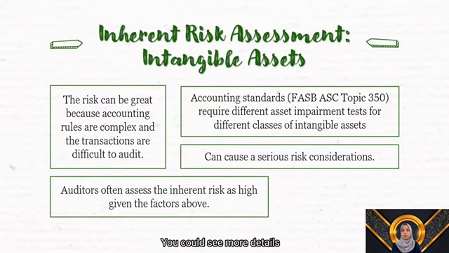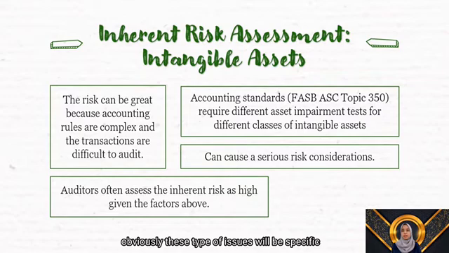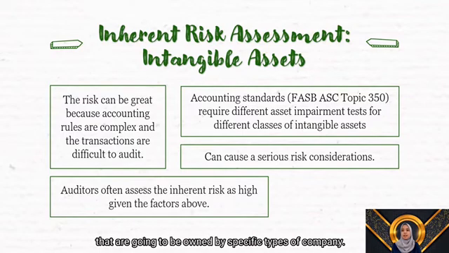You could see more detail about those type of tests with the FASB ASC topic 350. Obviously, this type of issue will be specific to the specific type of intangible asset that are going to be owned by specific type of company.